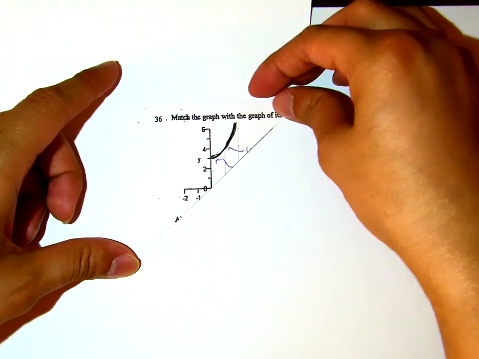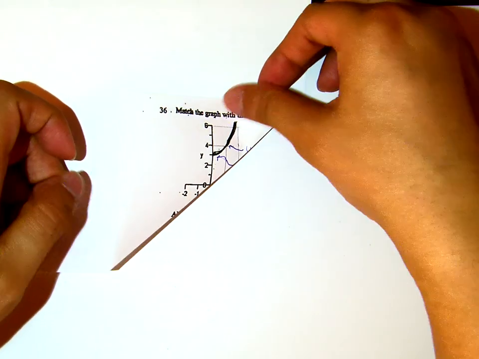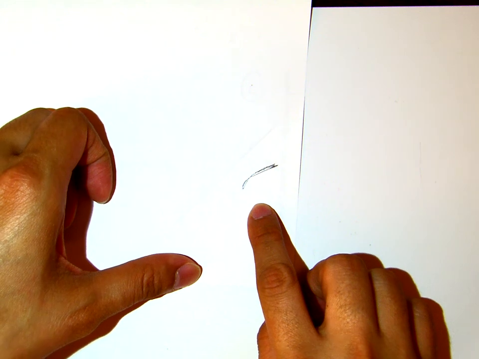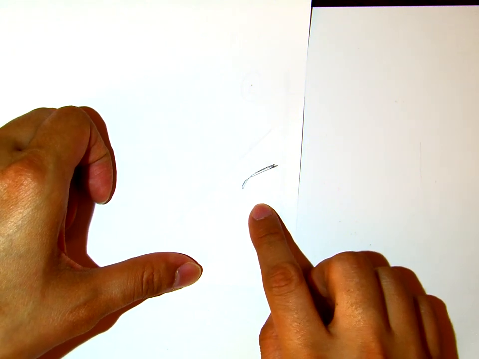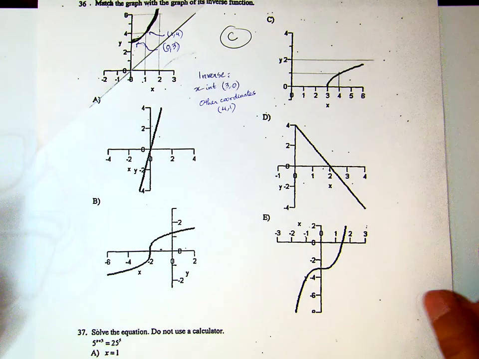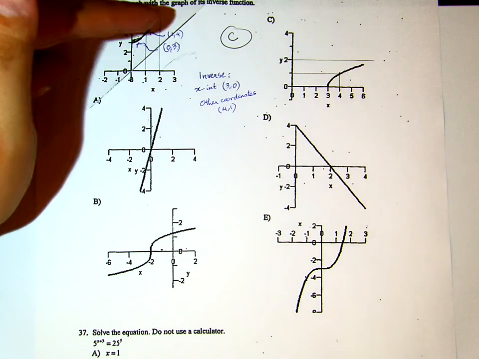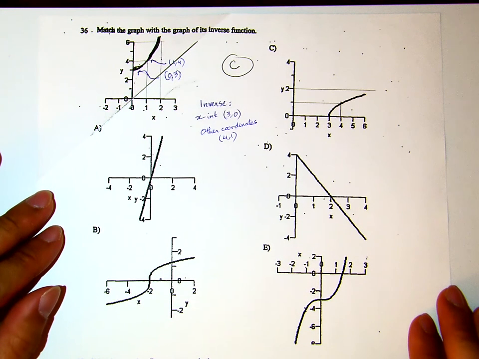You fold it along the x and y axis. That's what it looks like. So this will be the inverse of that graph. Now, sometimes by intuition you can tell right away what happens when you flip this along the line x equals y. Now, that's for number 36.